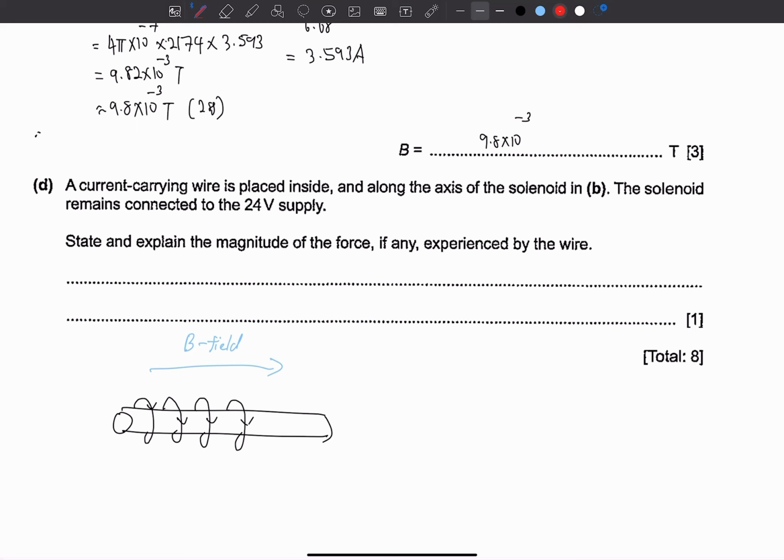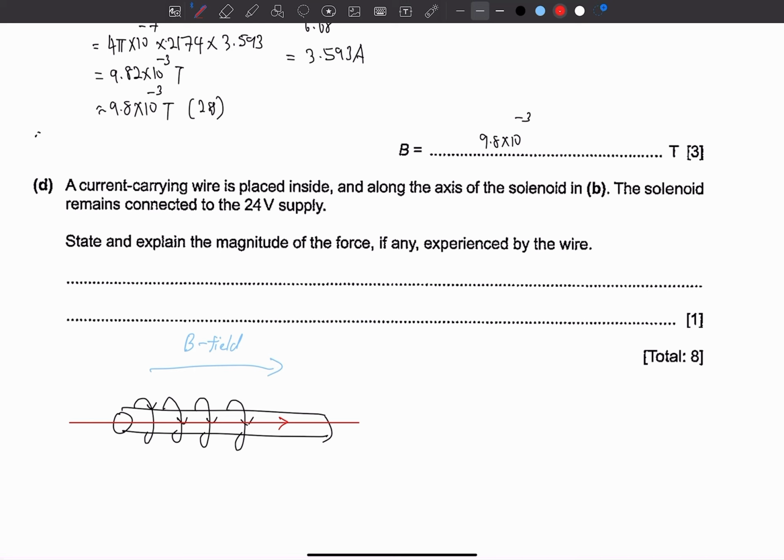Alright, now they insert this new wire within the solenoid, and it's carrying a current in the same direction. Now, if you were to use your Fleming's left-hand rule, force, field, current, the B field is pointed using your index finger.